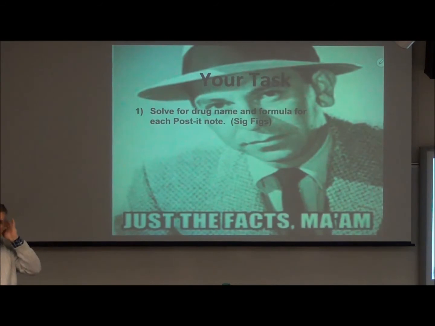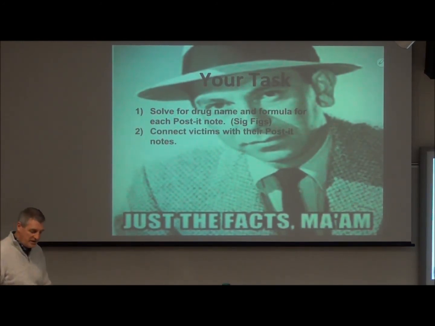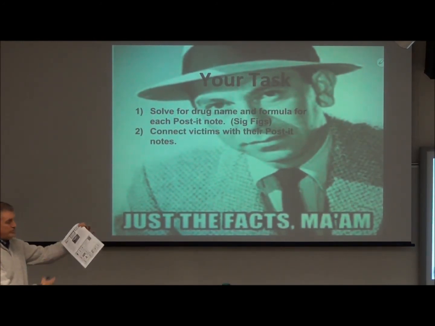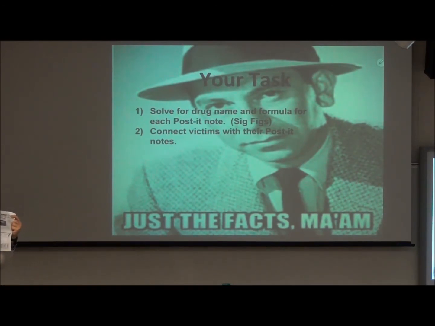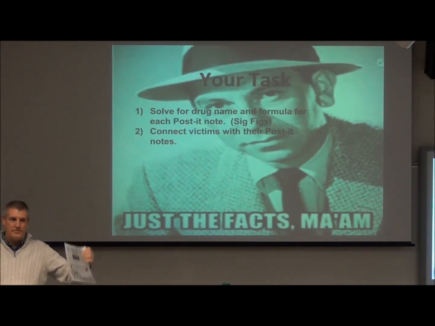Once you've done that for each of your sticky notes, then you're going to refer to the list of victims. They all have a short little bio. Suspected drug dealers, an environmental engineer, and so on.